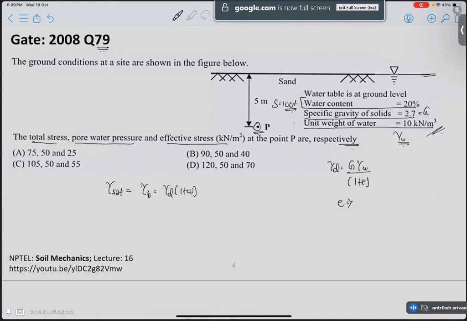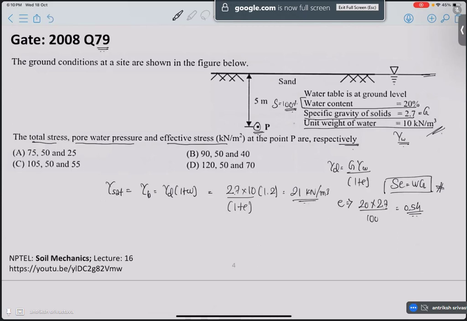We calculate e using the formula relating the degree of saturation, water content and void ratio with specific gravity of solids: 20 multiplied by 2.7 divided by 100 gives 0.54. Substituting this, we get the bulk density, in this case the saturated density of this soil, as 21 kilonewton per meter cube.